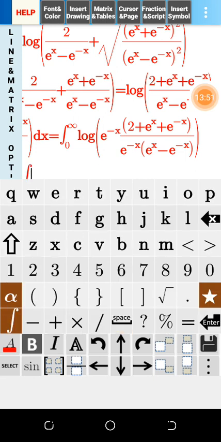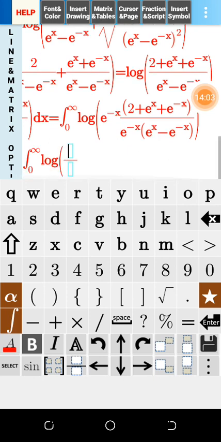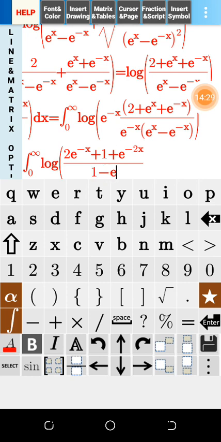So our integral becomes, starting from 0 to infinity, of log of (2e^(-x) + 1, because e^(-x) times e^x will give us 1, plus e^(-2x)) everything over (1 minus e^(-2x)) dx.